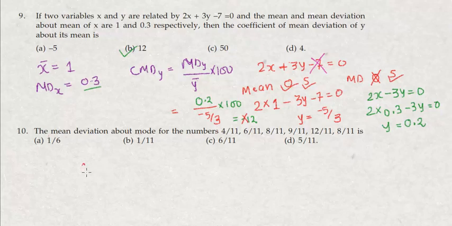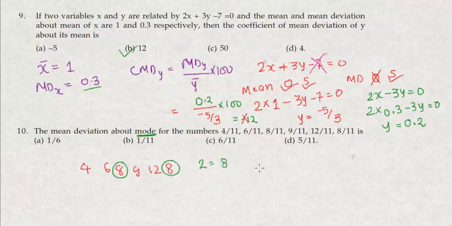So for me the observations are primarily 4, 6, 8, 9, 12 and 8 only. Here, what is my mode? We are required to find out mean deviation about mode. So let us first find out the mode. 8 is being repeated 2 times, which is the highest repetition in this case. So our mode Z is equal to 8.